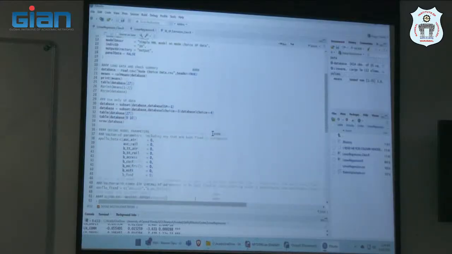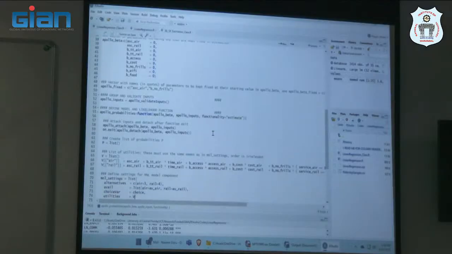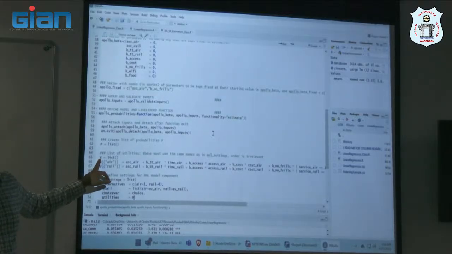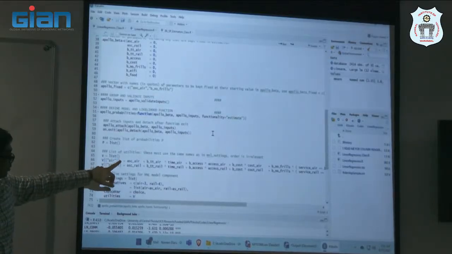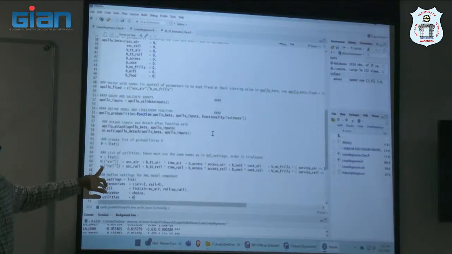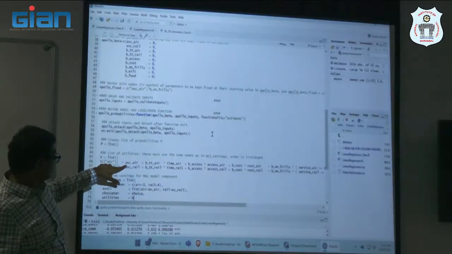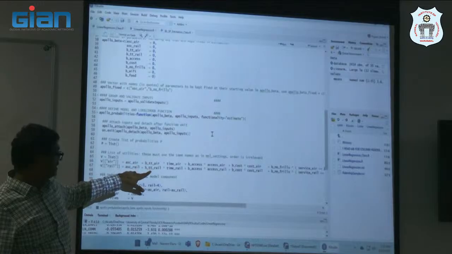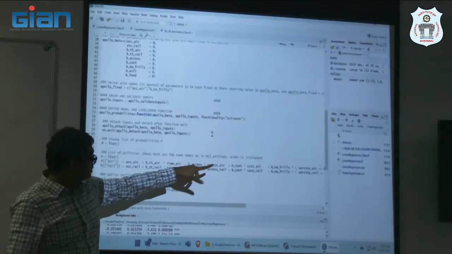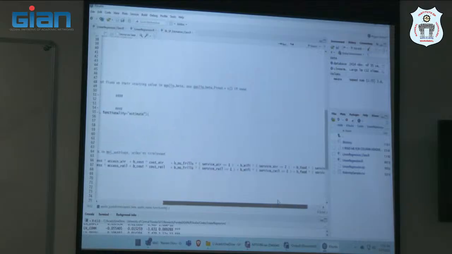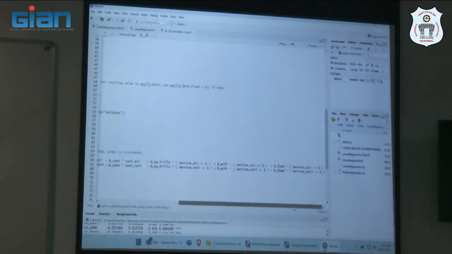So the data set, there is a PDF file which tells you what the data set is for. And here we are using two alternatives. So I'm using air and rail as the two modes for this data set. So utility is computed for air and rail. Then you are running the model for the specification. You will see alternative specific constant, coefficient for rail, air, access, cost, and no frills, and whether Wi-Fi is present and food is present or not.